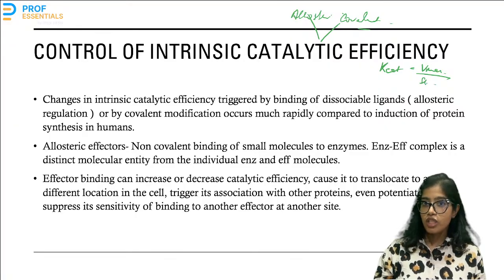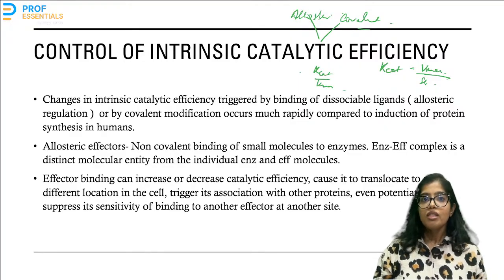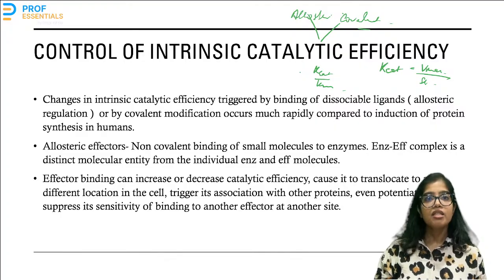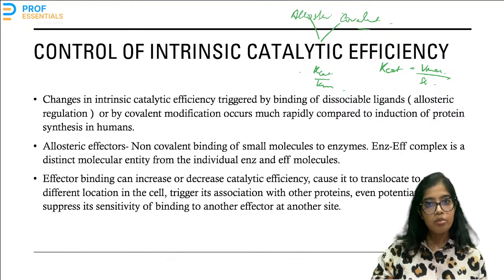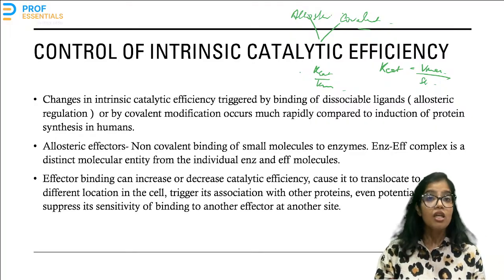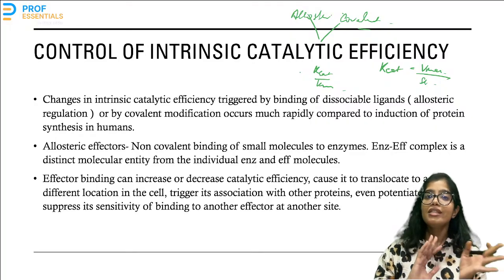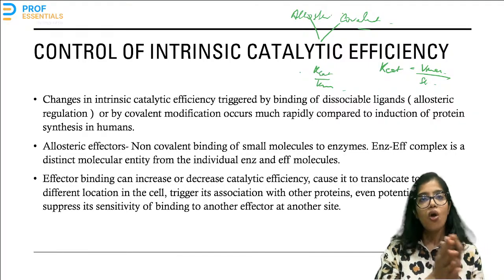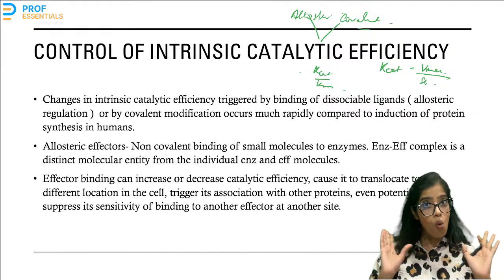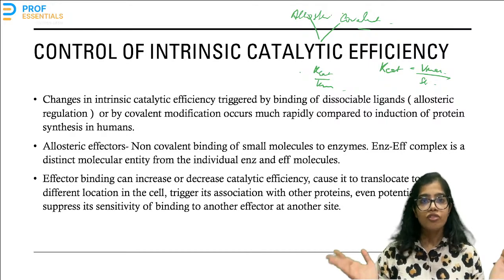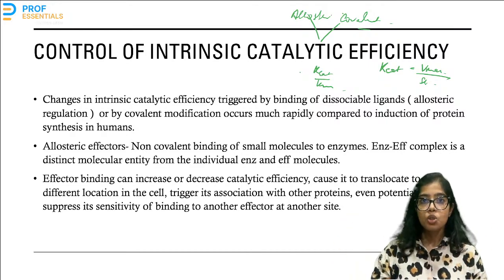Now catalytic efficiency was Kcat upon Km. Understood? This intrinsic catalytic efficiency is affected by allosteric inhibition, allosteric activation, or covalent modification. And enzyme concentration is affected by either inducers or repressors. So this is the overall summary of your enzyme control.